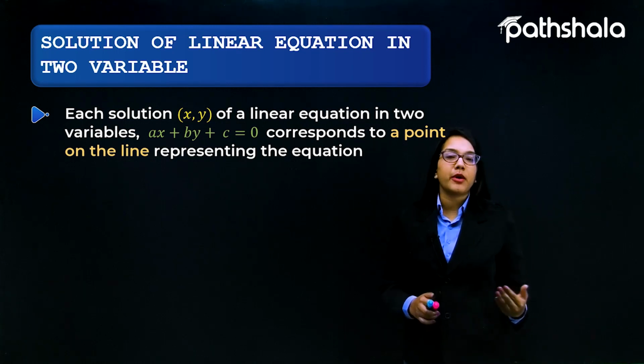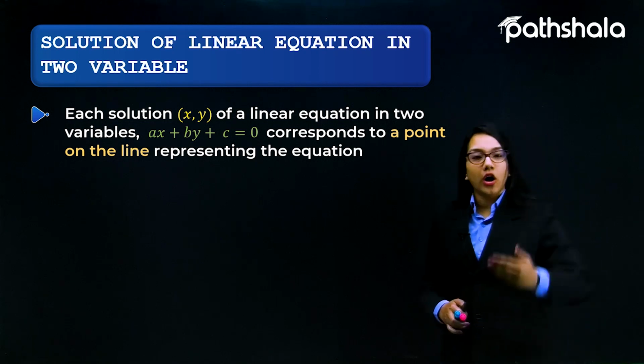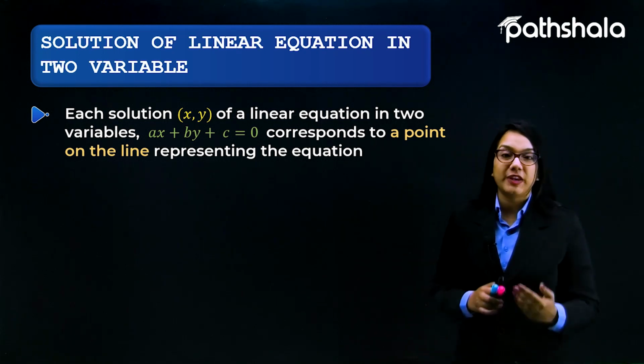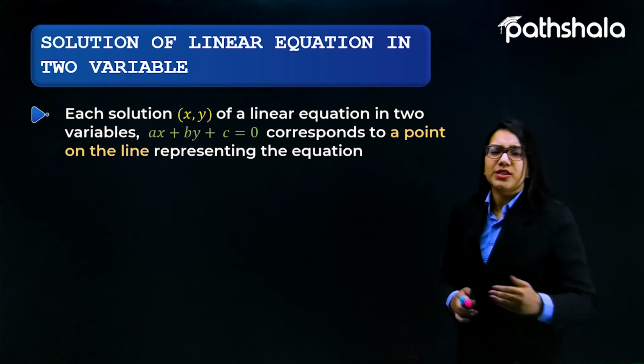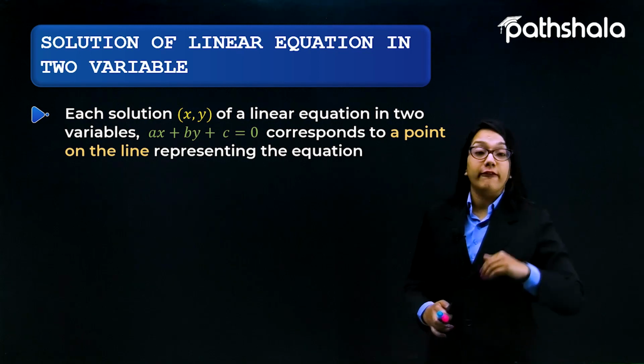So always remember, each solution corresponds to a point on the line representing the equation ax plus by plus c is equal to 0. So this is all about the solution of a linear equation in two variables.